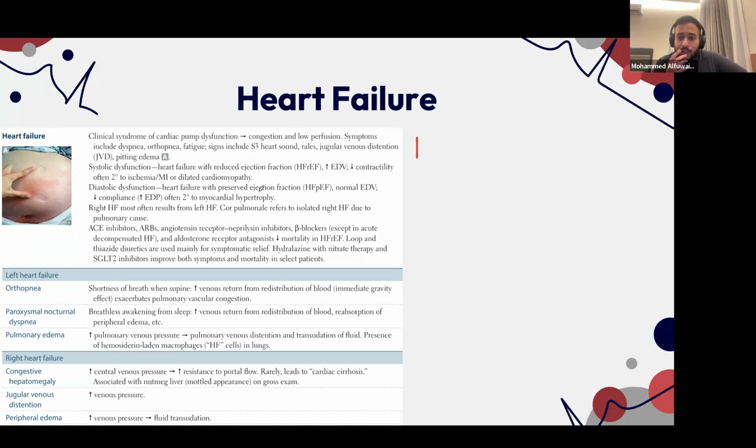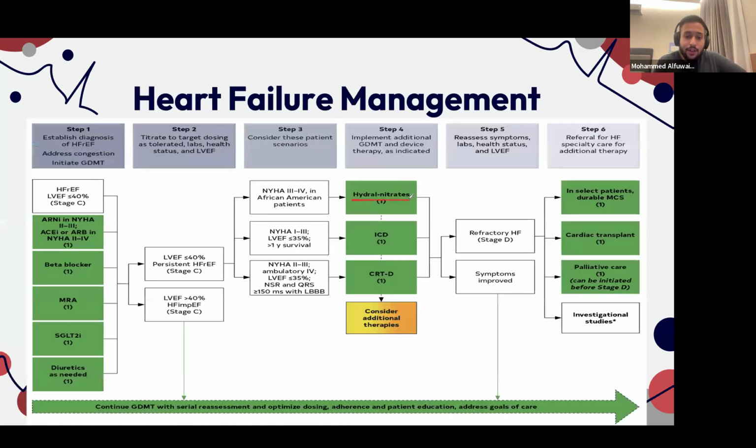That's not actually for heart failure, because you don't give calcium channel blockers for heart failure. This is in hypertension. Good that you reminded me. Diuretics and calcium channel blockers are very good for hypertension in African Americans. Hydralazine and nitrates, excellent. So hydralazine and nitrates are for heart failure in African American patients. That's basically all of these drugs in a nutshell.